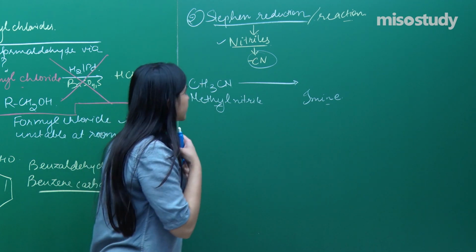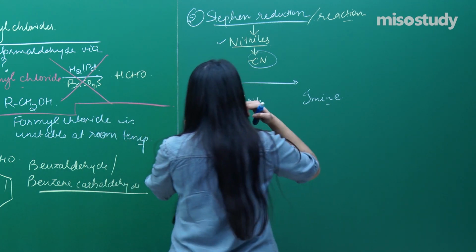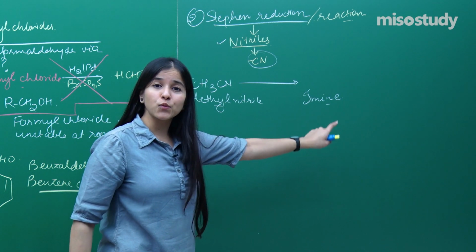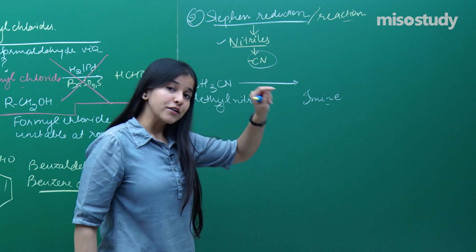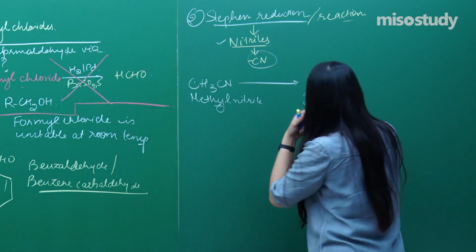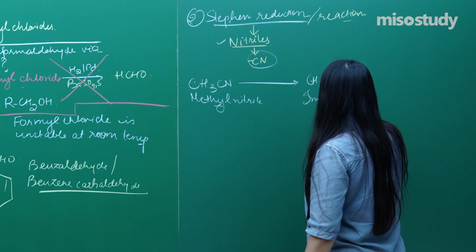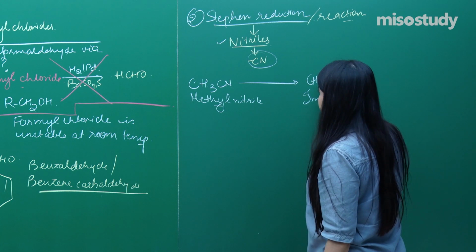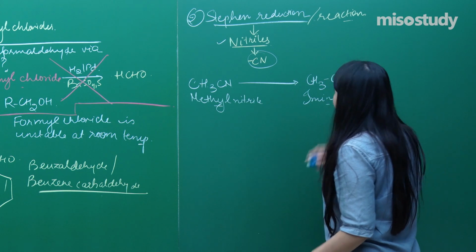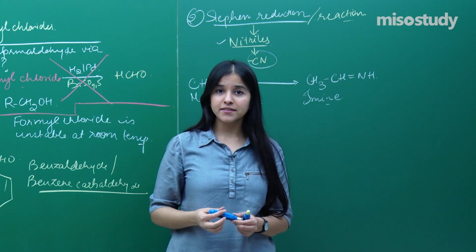Think a little about it. So, here this is methyl nitrile which will be then converted into imine. Now, what is imine? That is my question. So, the imine basically is CH3CH=NH. That is what imine is, right?